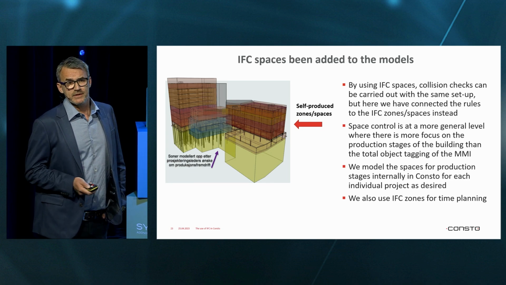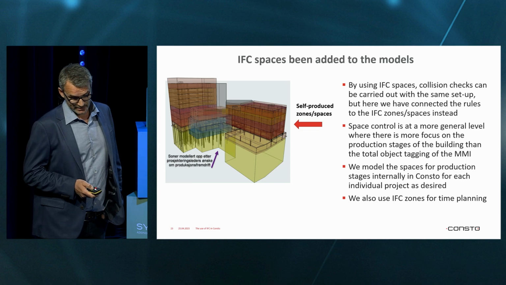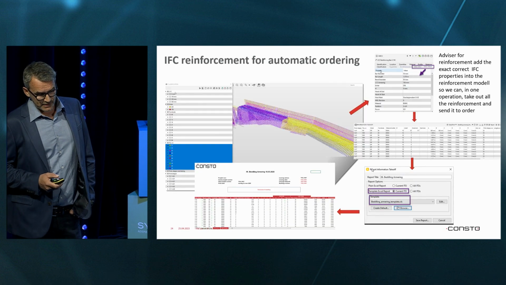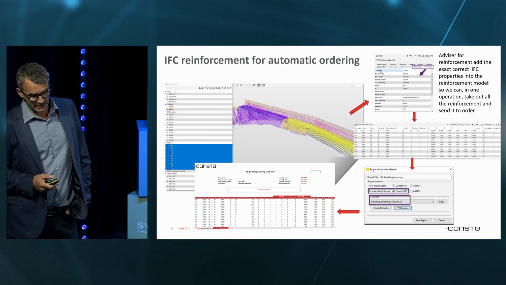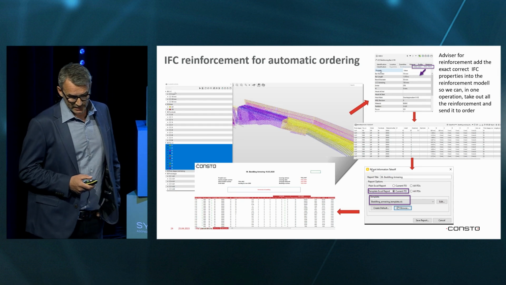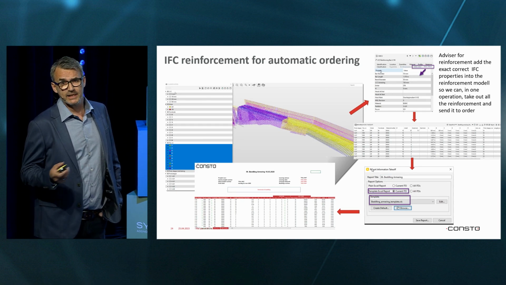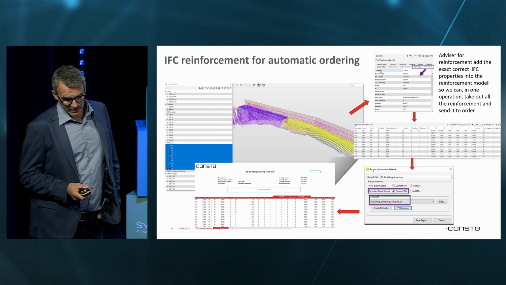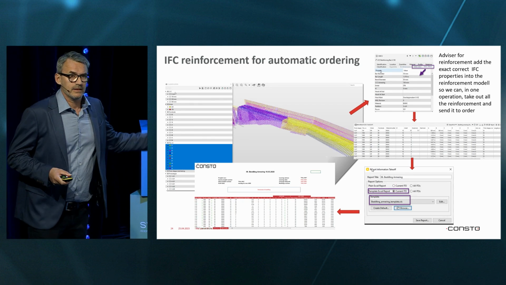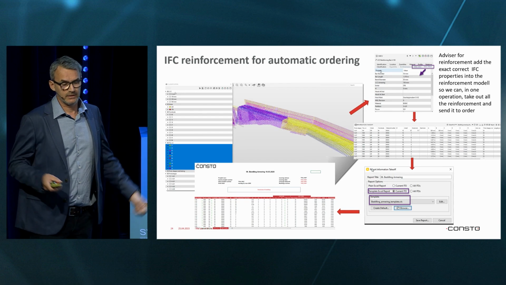And we also use IFC zones for time planning. And of course, we have IFC reinforcement for automatic ordering. The advisor for reinforcement adds the exact correct IFC data into the reinforcement, and with one click we can take out all the reinforcement and send it and get it delivered on the site.